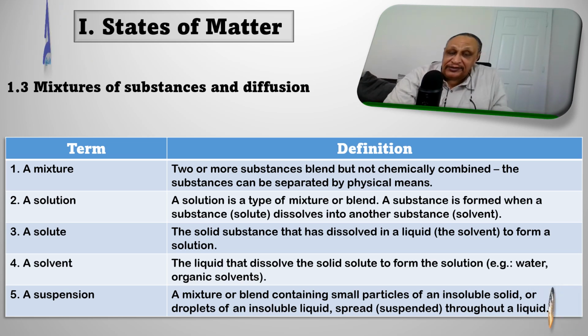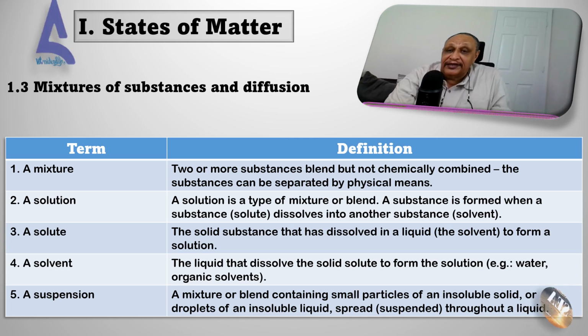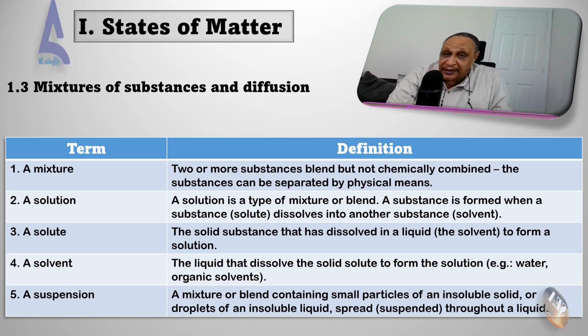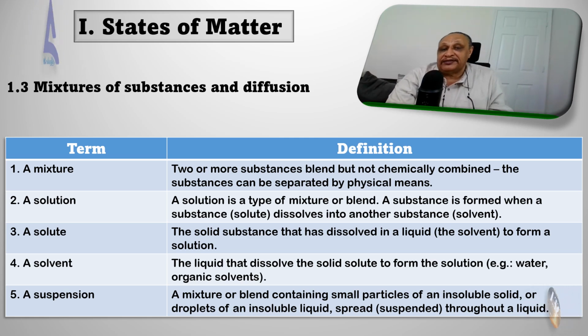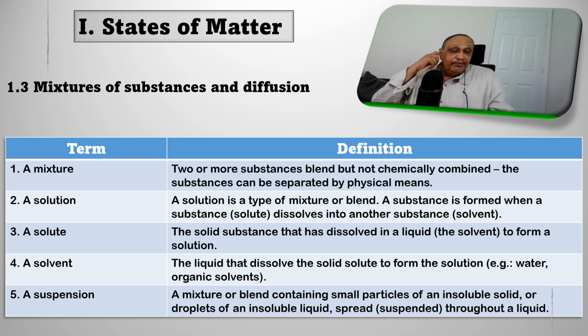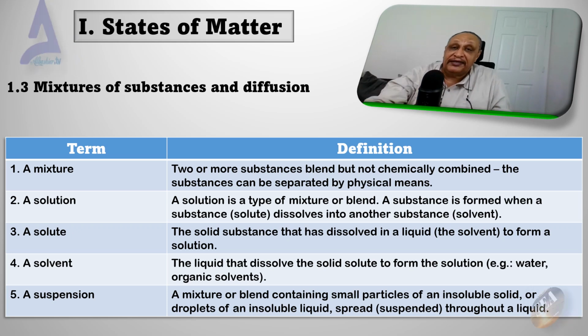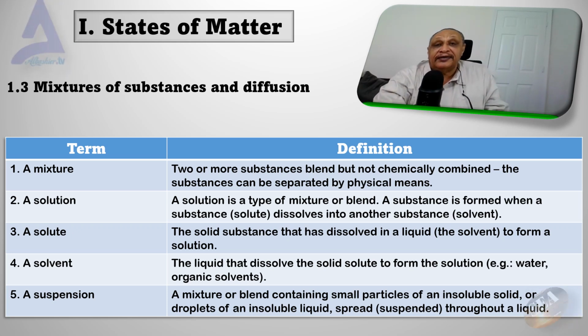A suspension is a type of mixture or blend containing small particles of an insoluble solid or droplets of insoluble liquid, spread, meaning suspended, throughout a liquid. So those are 5 important terms, and we have more in order to complete our chapter 1.